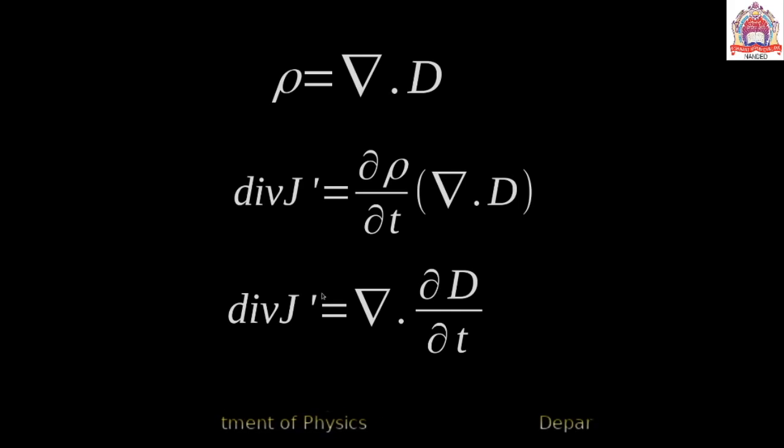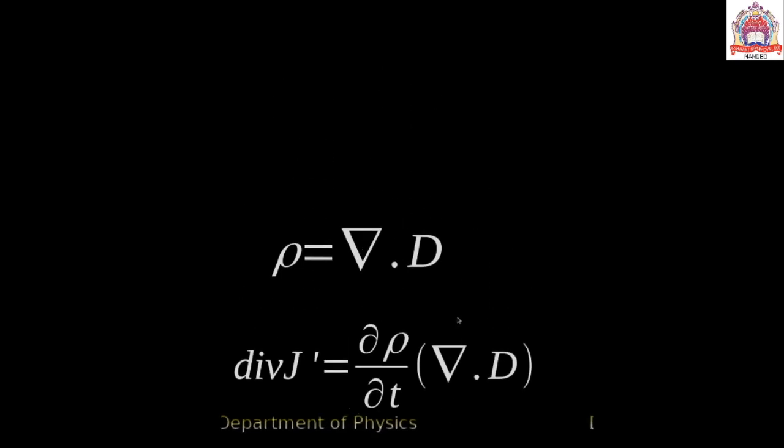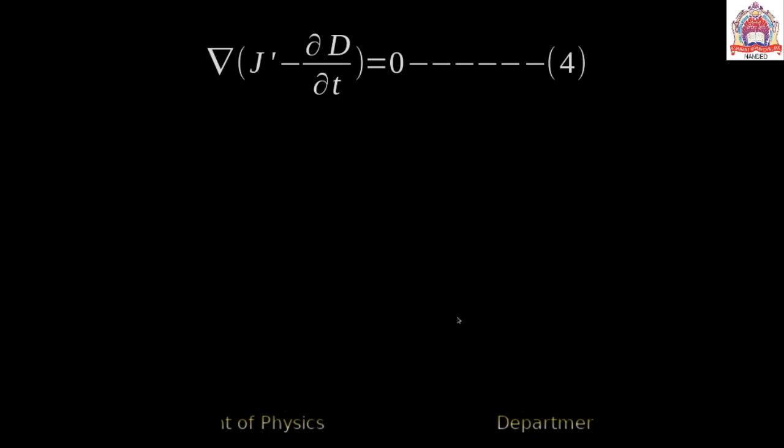Rho is del dot D, so I am taking dou D by dou t. So divergence of J dash minus dou D by dou t is equal to 0.